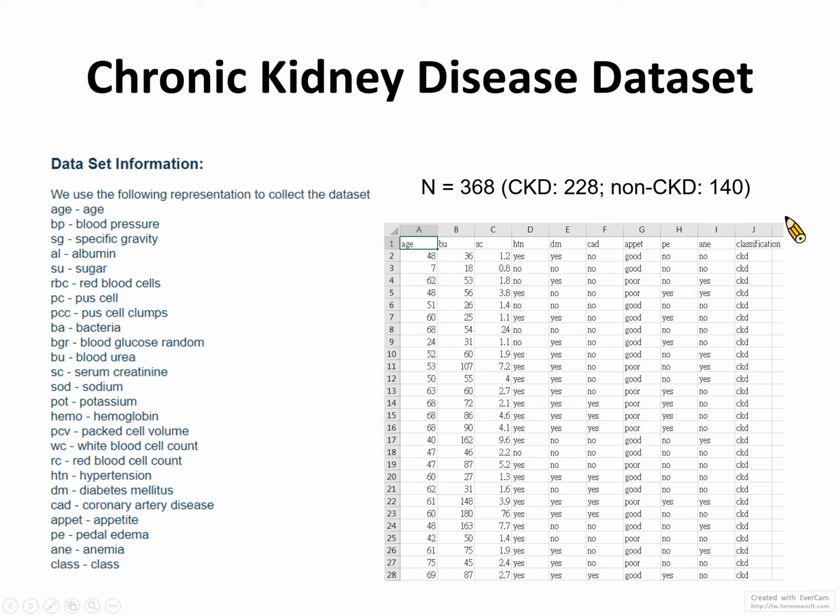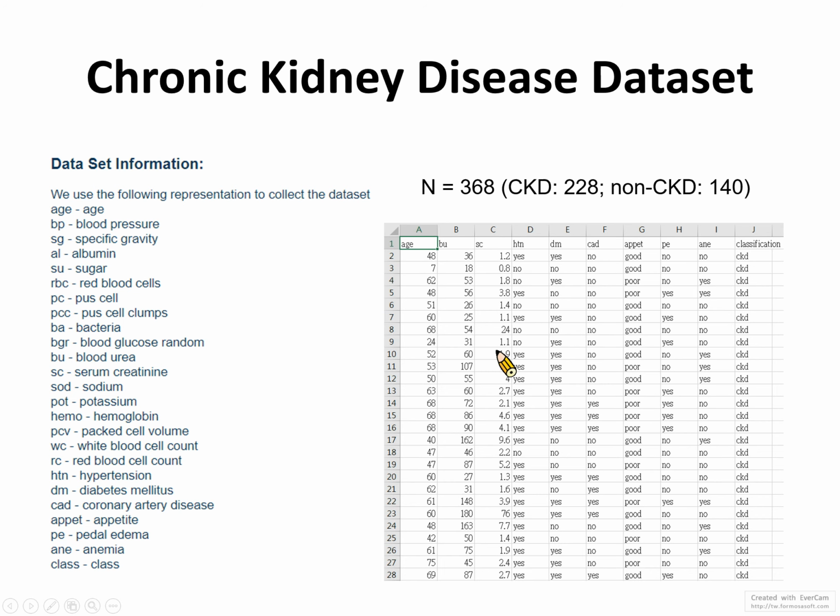So the final variable, or final column, in this data is the classification. CKD stands for chronic kidney disease, and there is also a non-CKD classification. So it is binary classification data, which means that we only need to decide whether this case is CKD or not CKD. So that is, I think, quite simplified, and you can play with the data without any extra work.